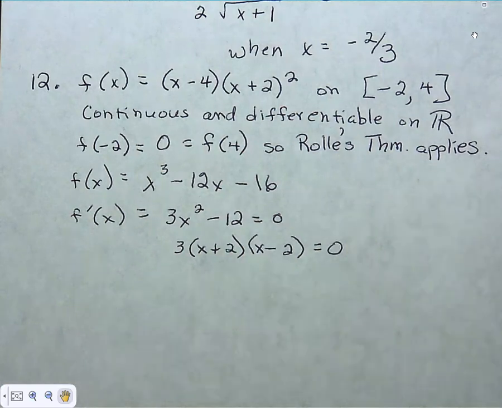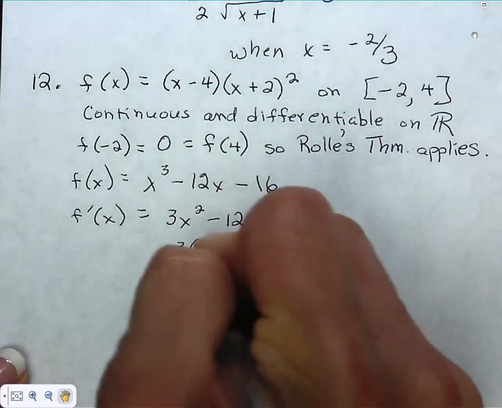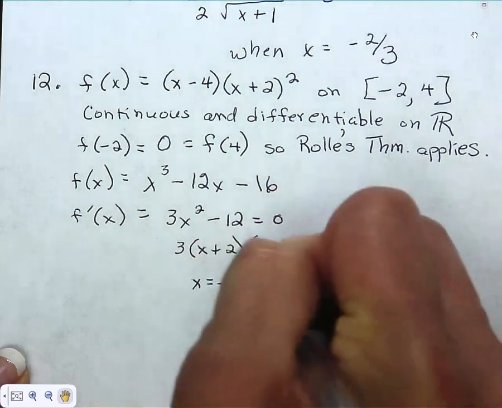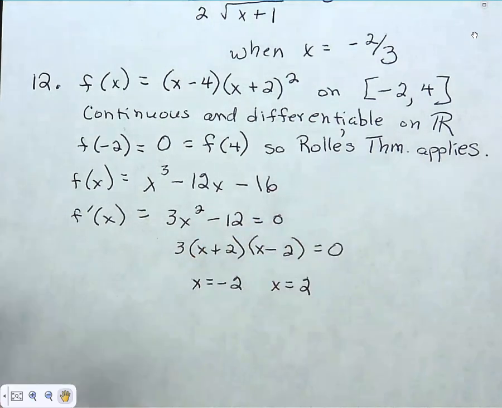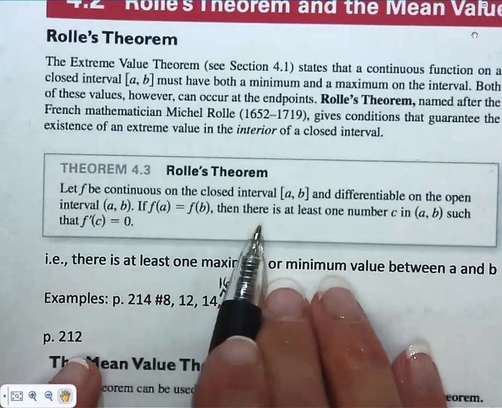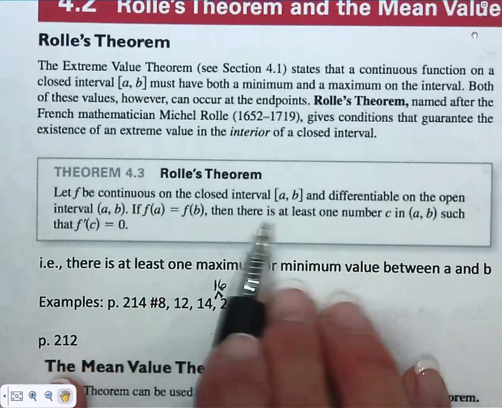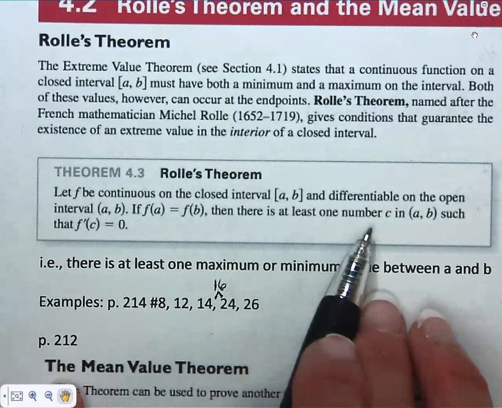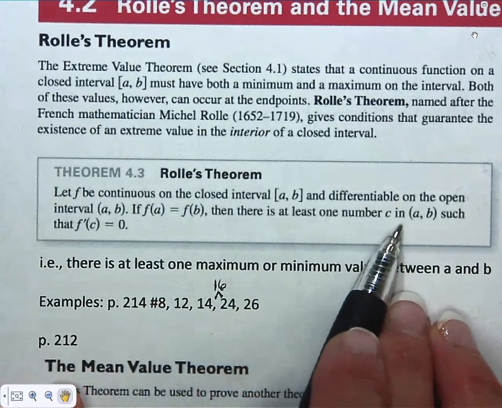What numbers make the derivative equal 0? -2 and 2. But look back at the theorem just a second. It says there is at least one number c in the open interval from a to b.